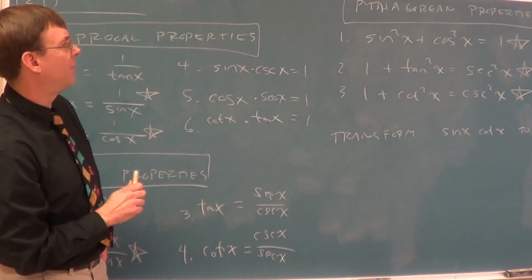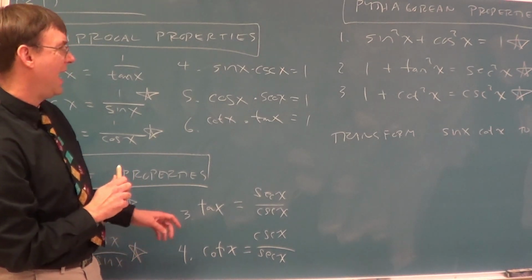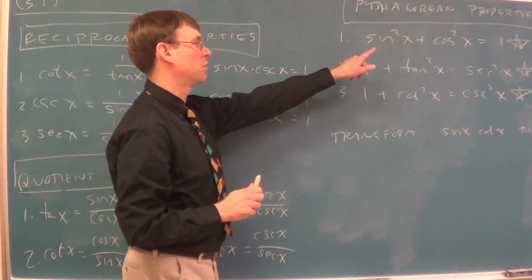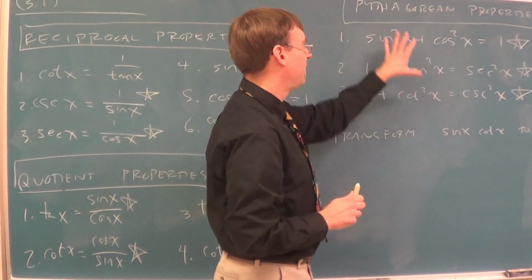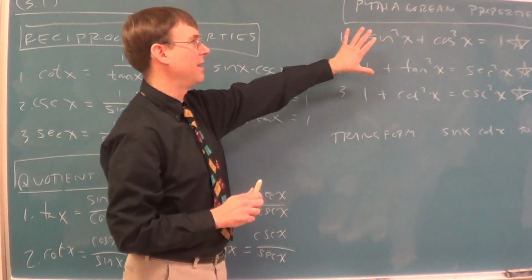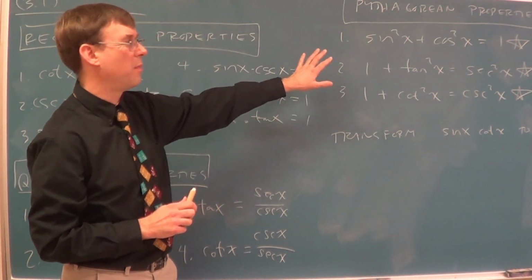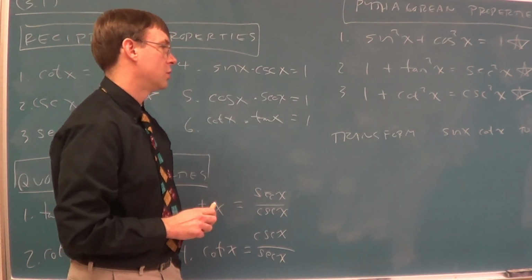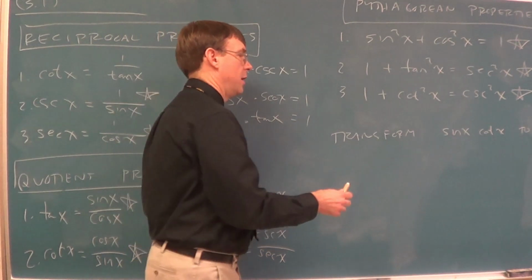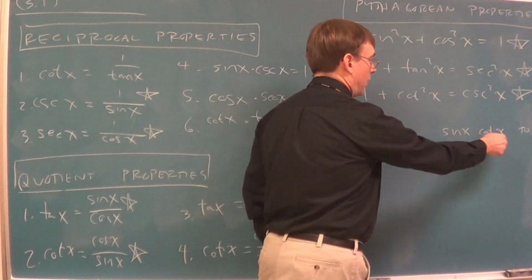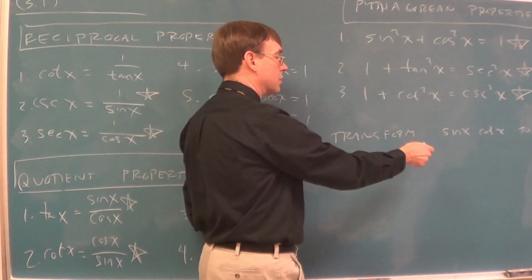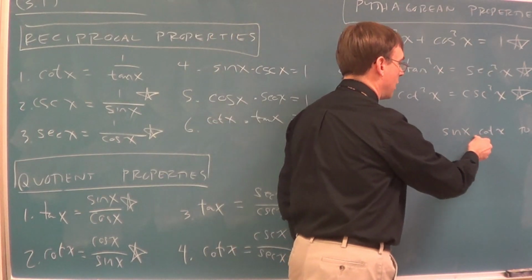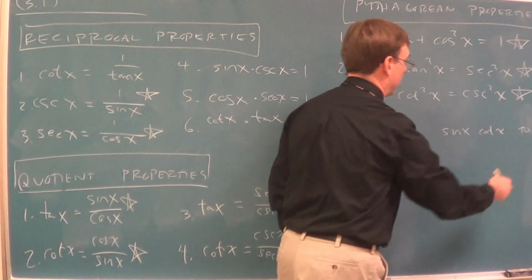My second bit of advice would be, while you're doing that, keep your eyes open for squares. Anytime you see a bunch of squares in your questions, that's probably a giveaway that it's something with these Pythagorean properties that you want to use. So here's how we're using them and what we're trying to do with them. They're going to give you something with some sine, cosine, cotan sort of words, and they're going to ask you to turn one thing into another.